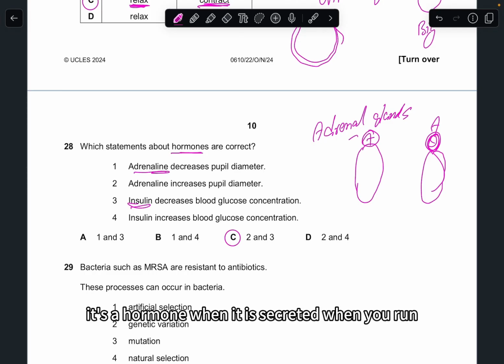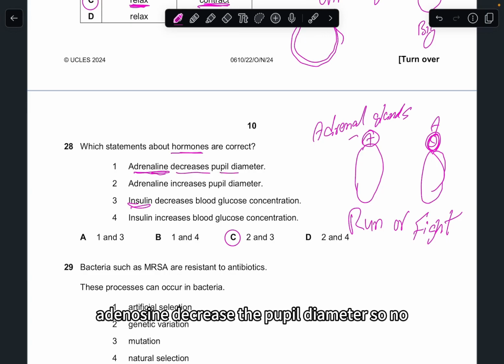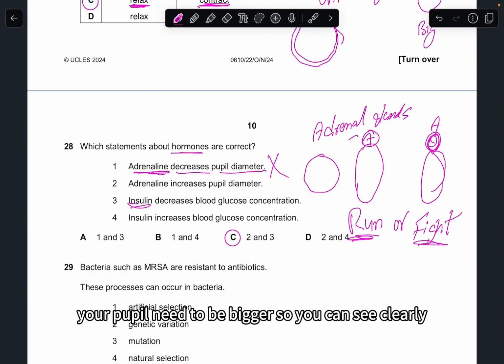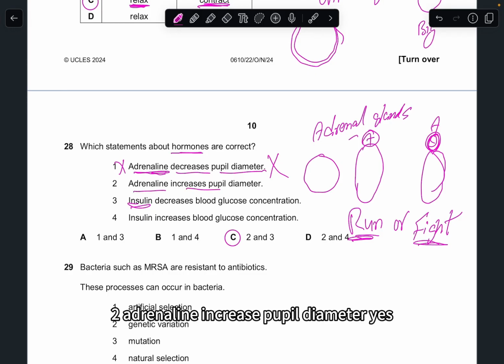It's a hormone secreted when you run or fight. So the first statement says that adrenaline decreases the pupil diameter. No, it makes the pupil bigger, because when you run or you fight, your pupil needs to be bigger so you can see clearly. So one is wrong.